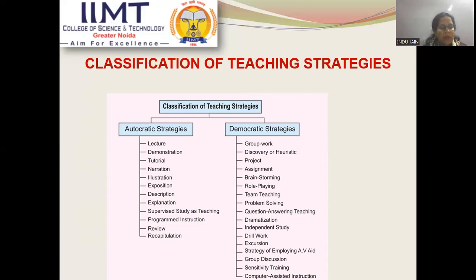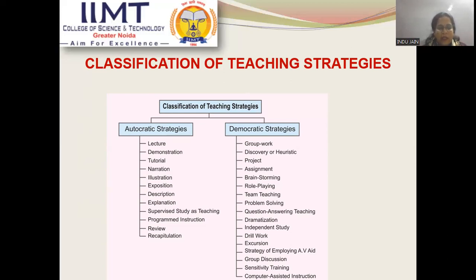In such strategies, teachers remain active throughout the process, but students remain passive. We can say that such strategies are teacher-centered. All the teaching-learning process is done according to the teacher.